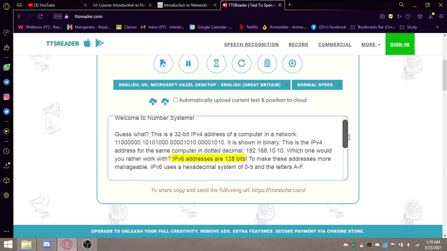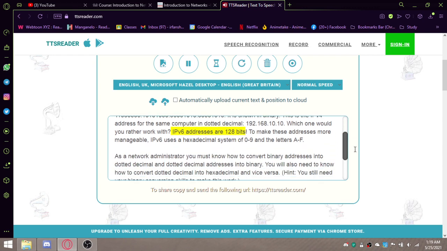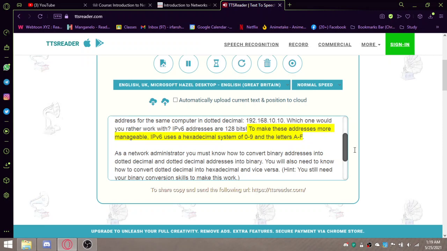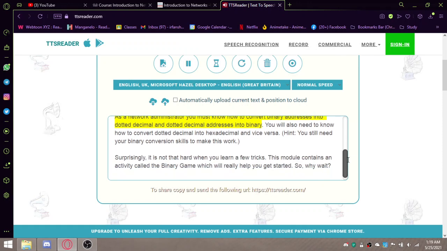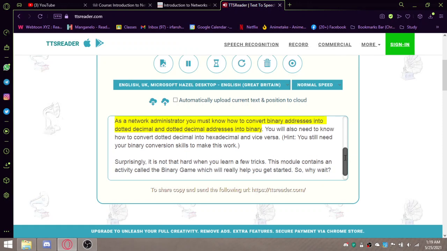IPv6 addresses are 128 bits. Wow. To make these addresses more manageable, IPv6 uses a hexadecimal system of 0 to 9 and the letters A to F. As a network administrator, you must know how to convert binary addresses into dotted decimal and dotted decimal addresses into binary.